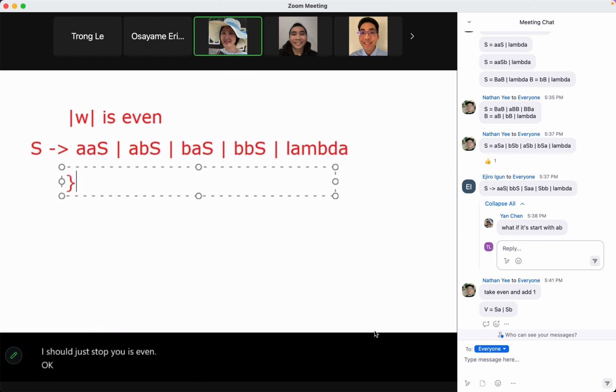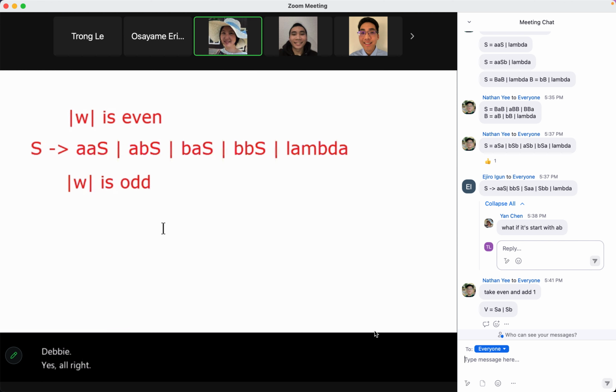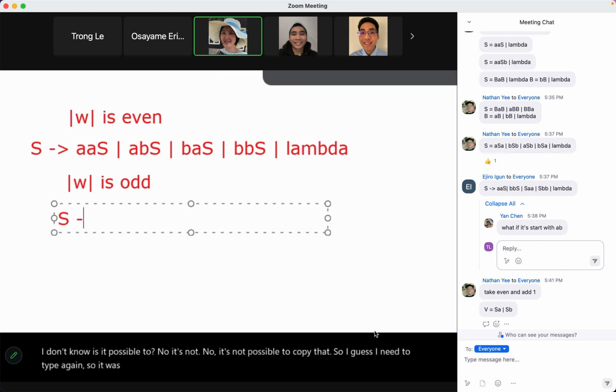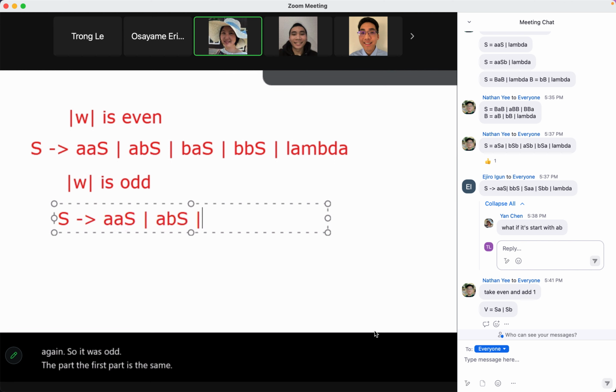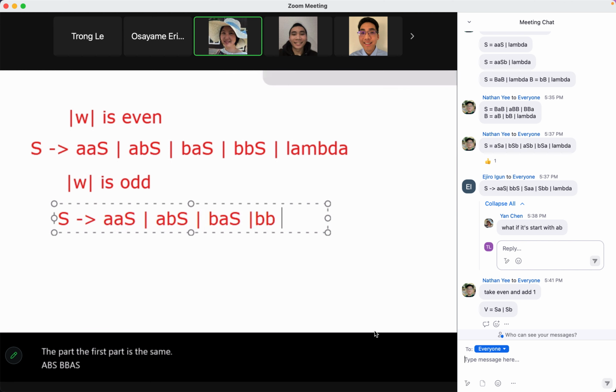Okay, so if W is odd, actually, I don't know, is it possible to copy that? No, it's not possible to copy that. So I guess I need to type again. So if it's odd, the first part is the same: ABS, BAS, BBS.